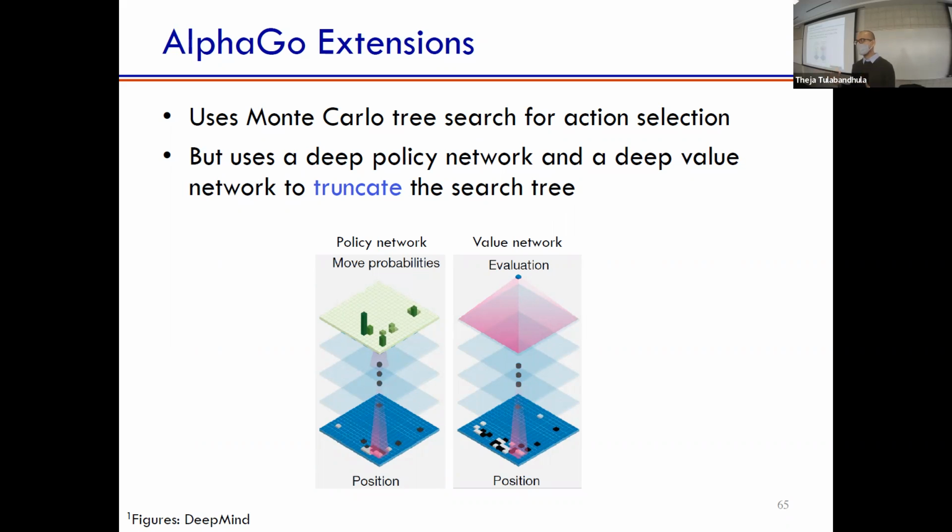But even with that Monte Carlo tree search idea, even though you're being intelligent and trying to pick only some experiences to figure out which action to take, even that is hard to do. And so AlphaGo uses two networks, a policy network and a value network, to further help in doing this search. Okay, so what is the policy network and what is the value network? We'll briefly mention.